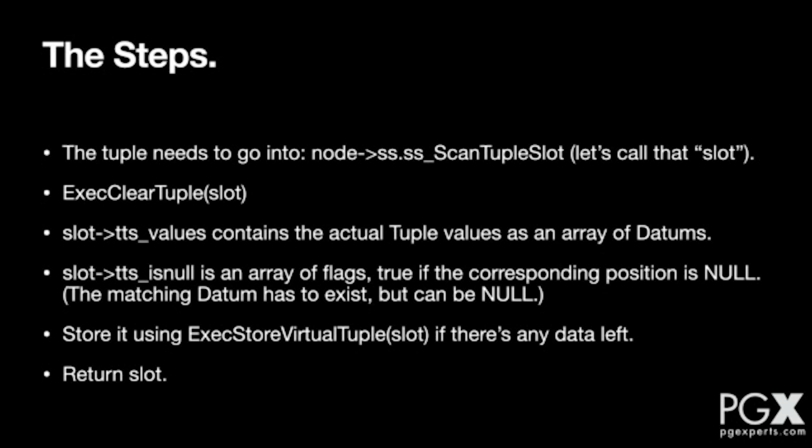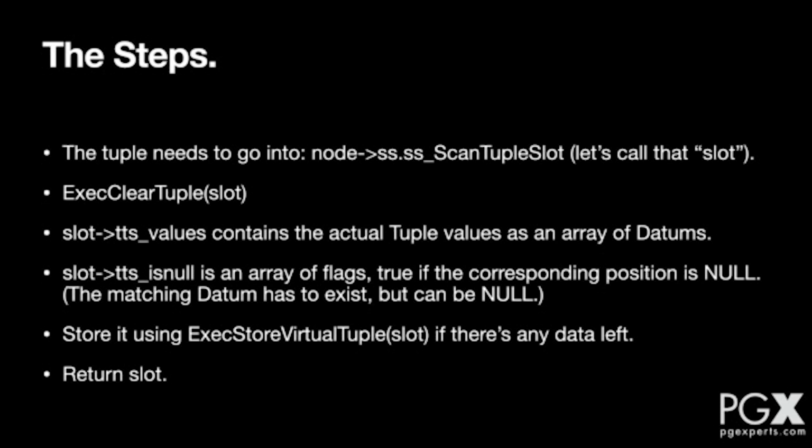So yay, finally you have a place to put the data. Notice that there's no type information here. It just assumes that you're going to make sure that the type information is right based on the columns that the executor requested. And TTS isnull is an array of flags. If one of these is true, the corresponding position is null.